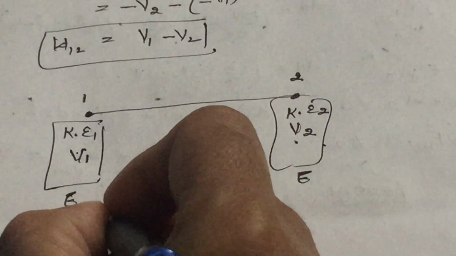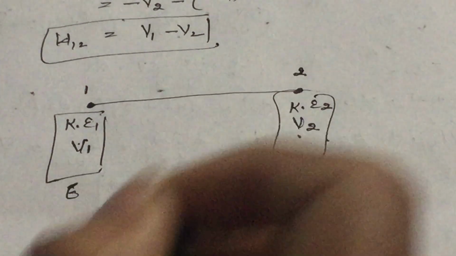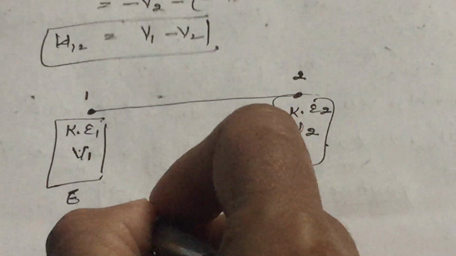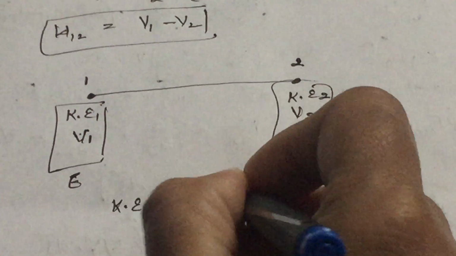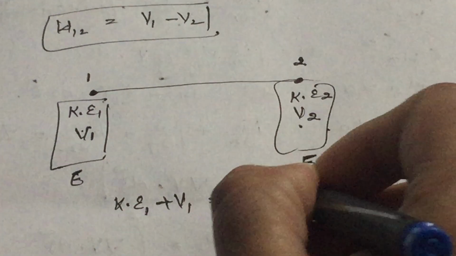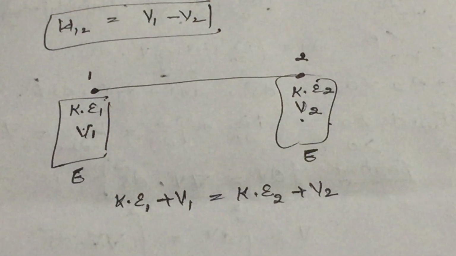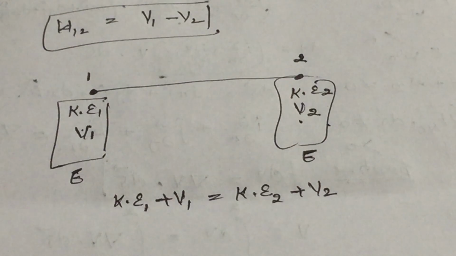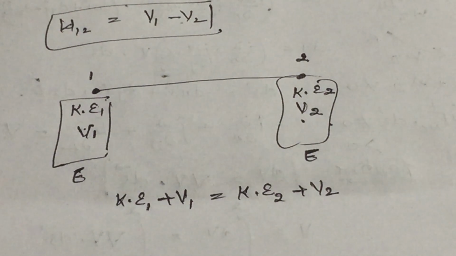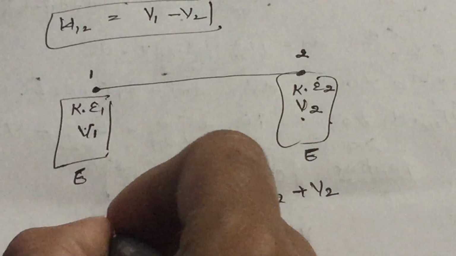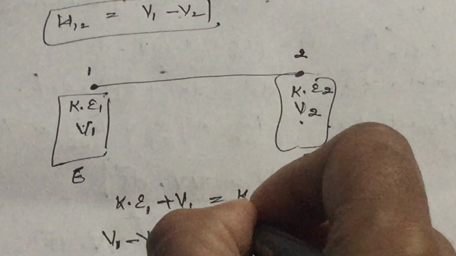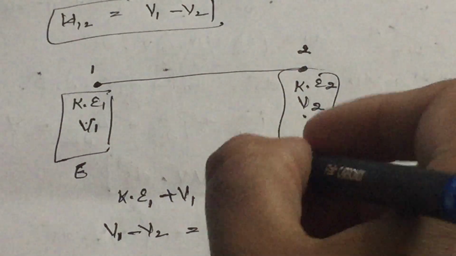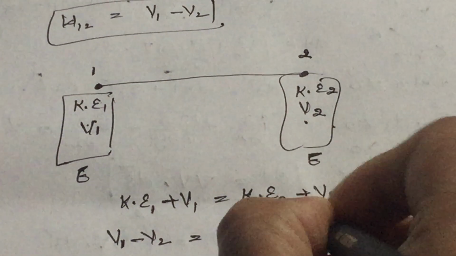In this case, kinetic energy K1 plus potential energy V1 should be equal to kinetic energy K2 plus potential energy V2. Just rearrange these terms, keep potential energy on one side and kinetic energy on the other side. We will get V1 minus V2 is equal to K2 minus K1.